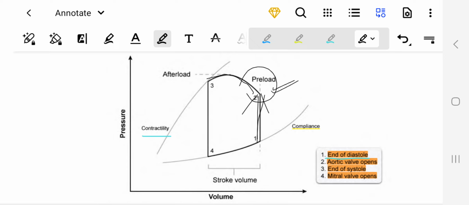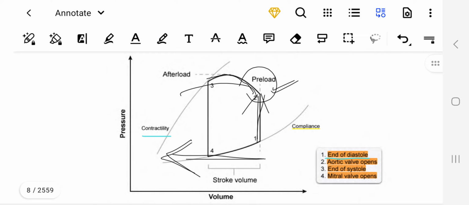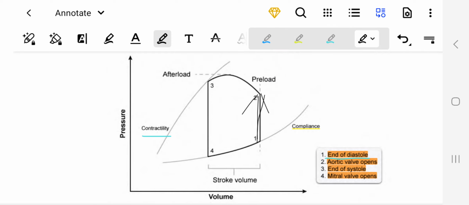That means it is going in the backward direction. So a period will come when there will be the minimum volume, that is called end of systole, right?